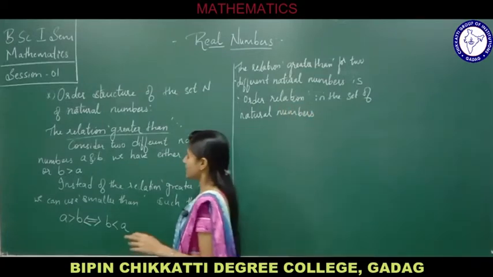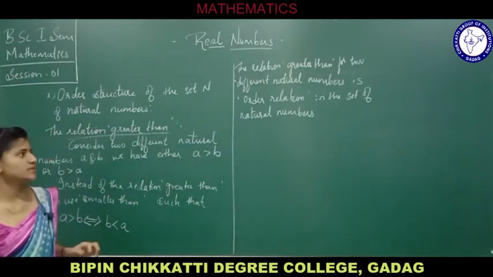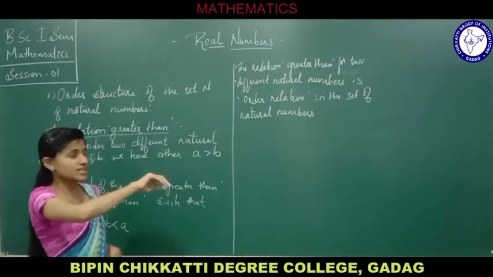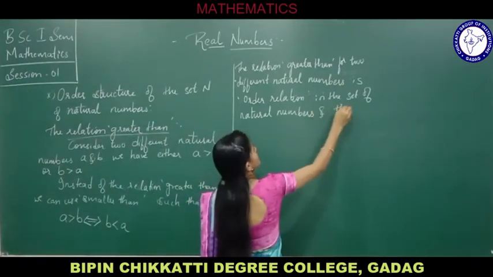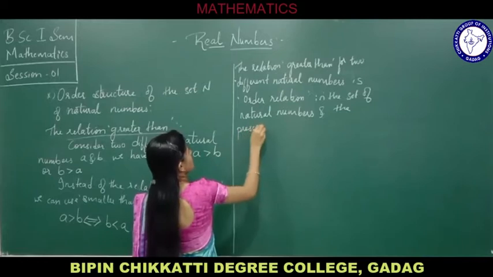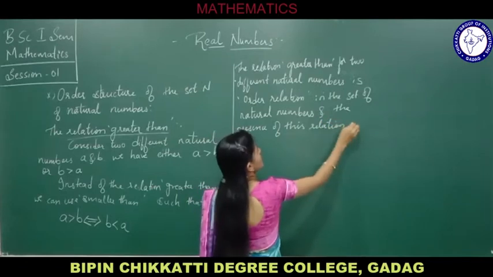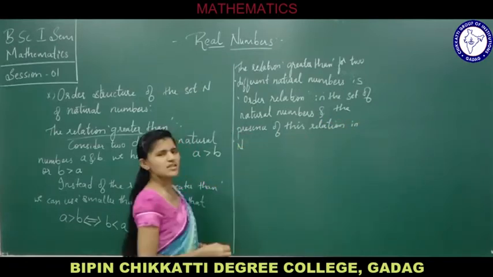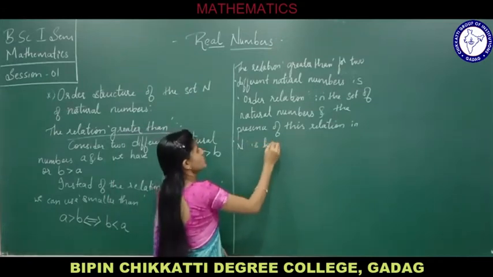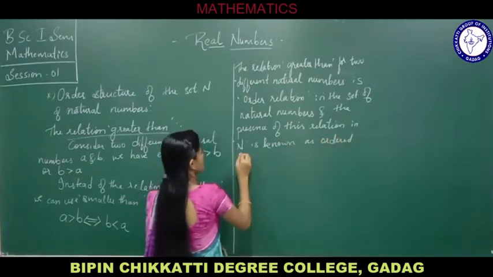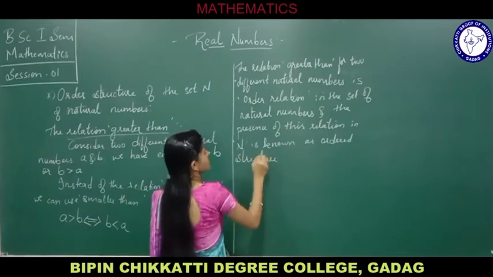And the presence of this relation in N is referred to as N having an ordered structure.